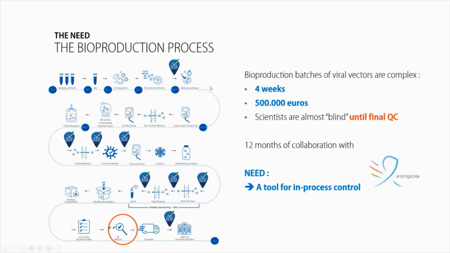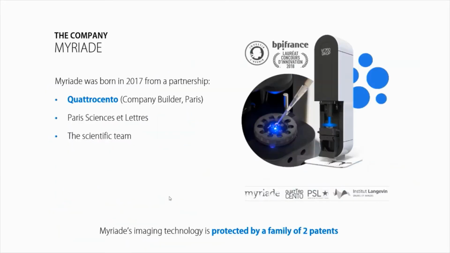We identified 7 places in the upstream and in the downstream process, and even one when the therapy arrives at the hospital and before the injection to the patient. It clearly justified our vision. There is a need for a tool for in-process controls. Now let me present you Myriad.